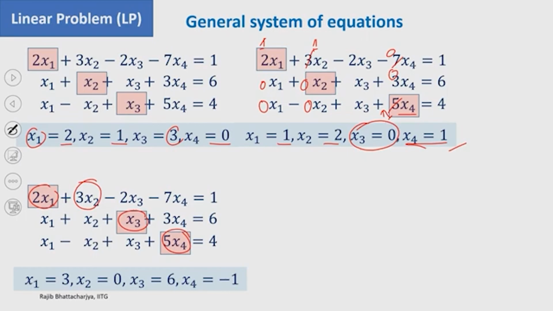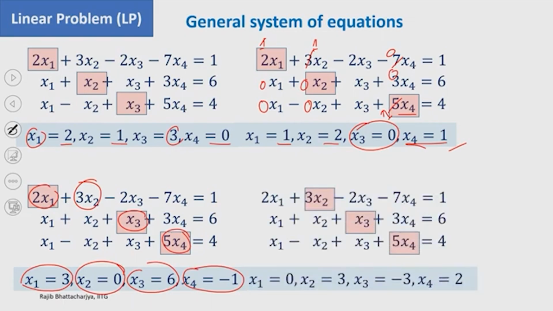So, I can do the row operation again. I can make the coefficient of x1 in the first equation 1 and for the other equations 0. Similarly, for x3 and x4 also I can do that, and finally, this is the solution I am getting: x1 equals 3, x2 as a non-basic variable so that is 0, x3 equals 6, and x4 equals minus 1.